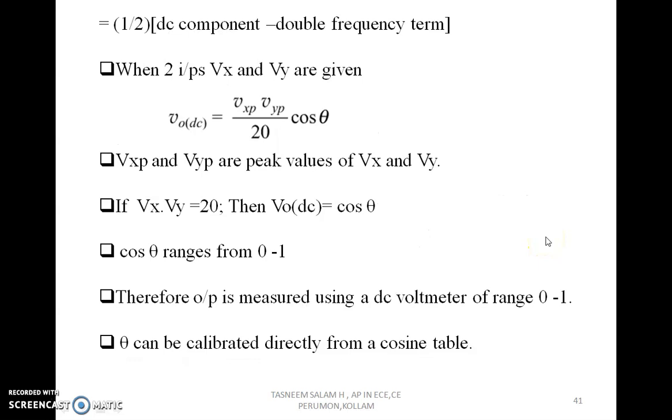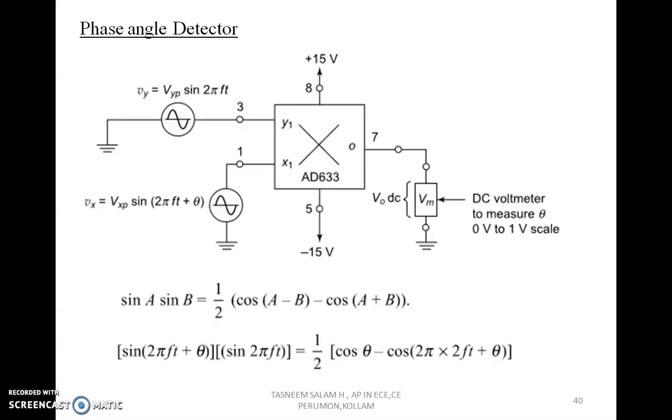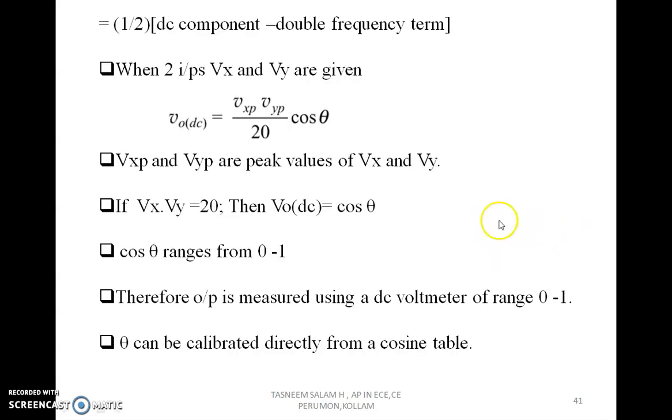This is because, if we are giving Vxp into Vyp as 20, we will be getting V0 DC, that is the DC component, as cos theta. So the value of cos theta ranges from 0 to 1 and that is why we are using a 0 to 1 scale DC voltmeter. And we can get the value of theta from the cosine table.